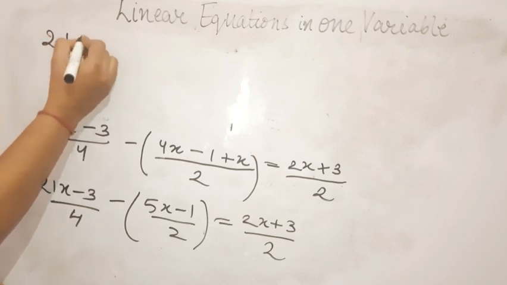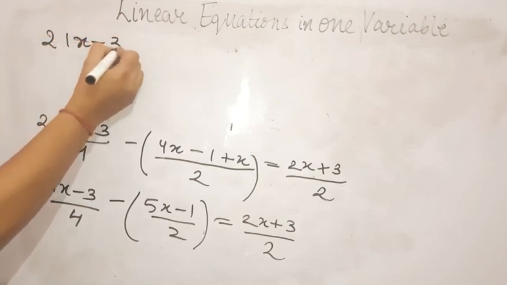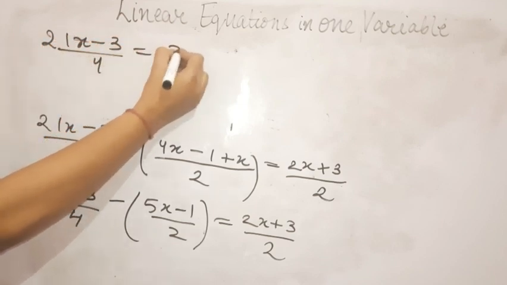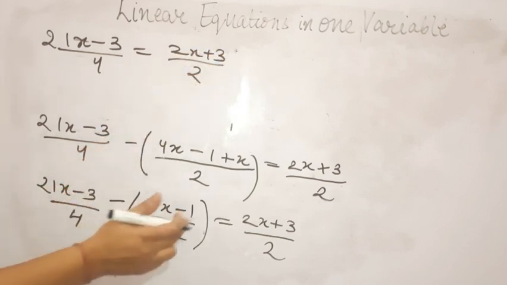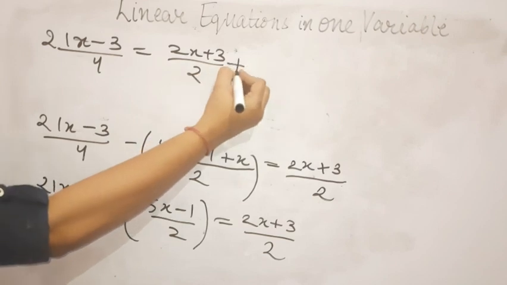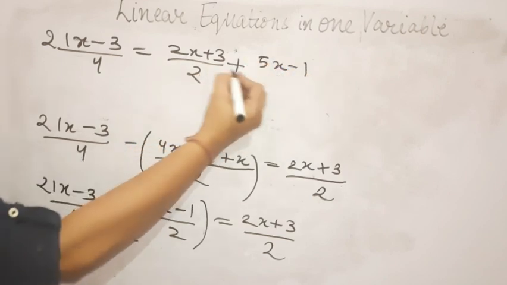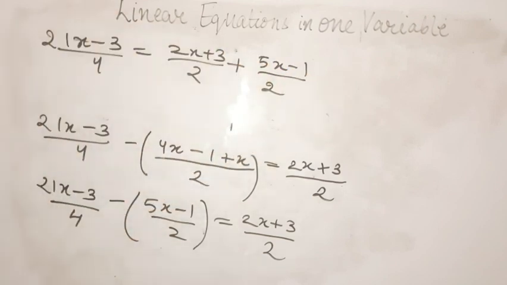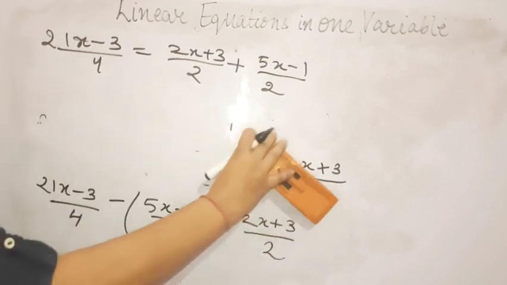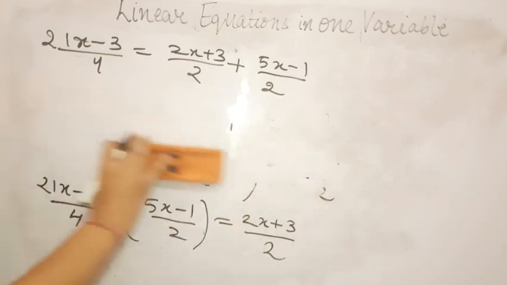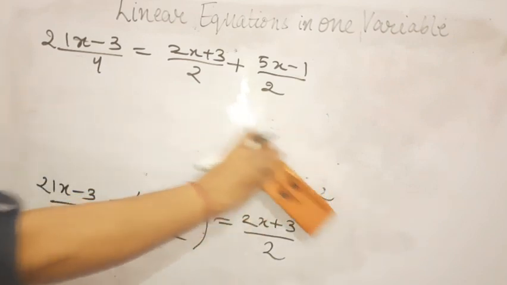So now on the left hand side, what will be remaining? 21x minus 3 upon 4 is equal to 2x plus 3 upon 2. This was minus 5x minus 1 upon 2. Now it will become plus 5x minus 1 upon 2. Since both the fractions are having the same denominator, now what can we do? We can write the numerators together.